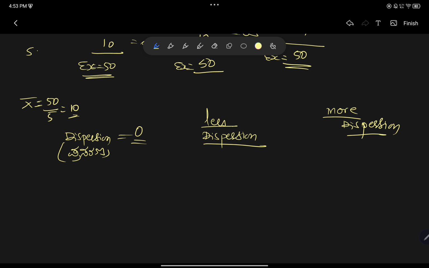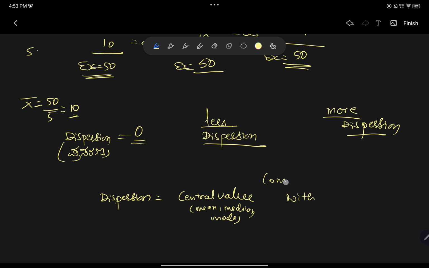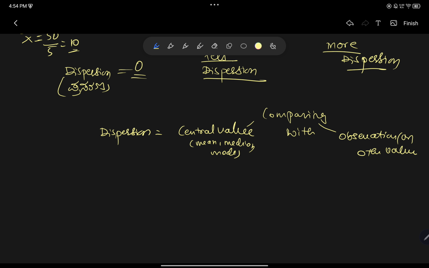Here, in the concept of dispersion, what we are doing is just comparing one central value, which can be mean, median or mode, with the observations or other values. This concept is what we call measures of dispersion.